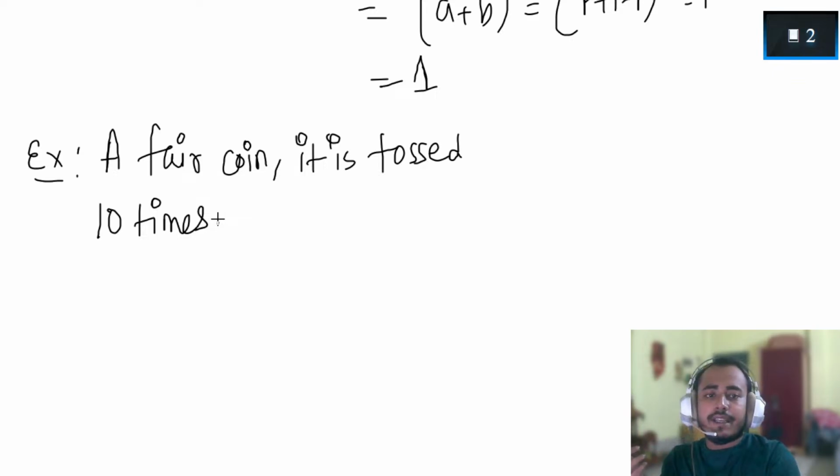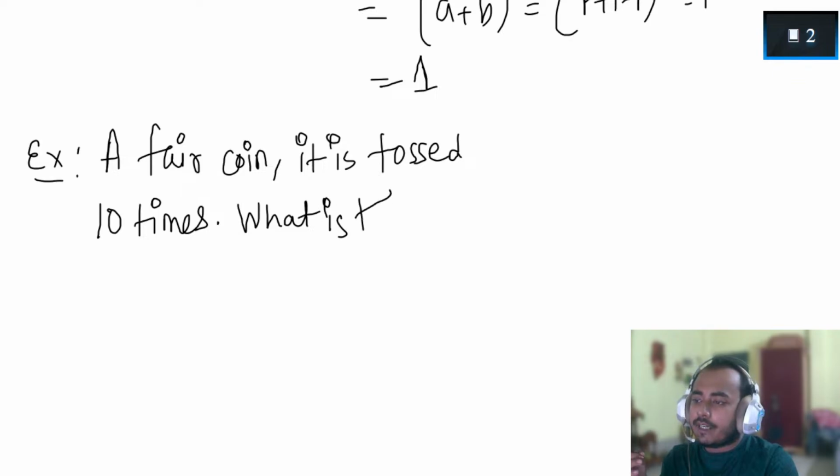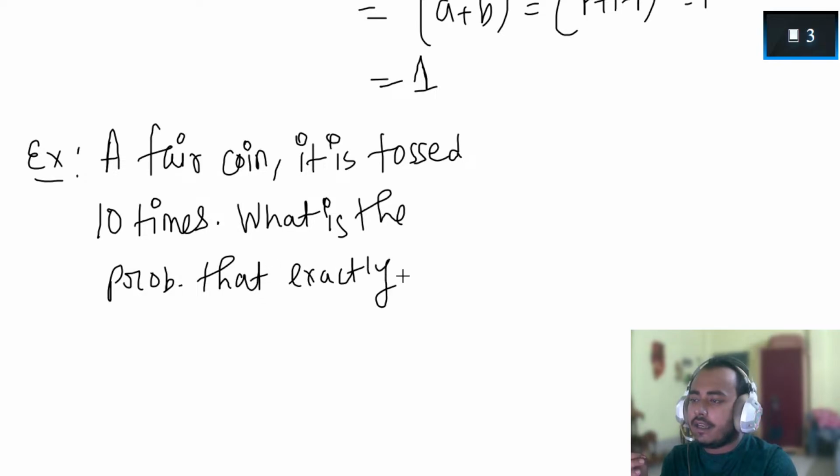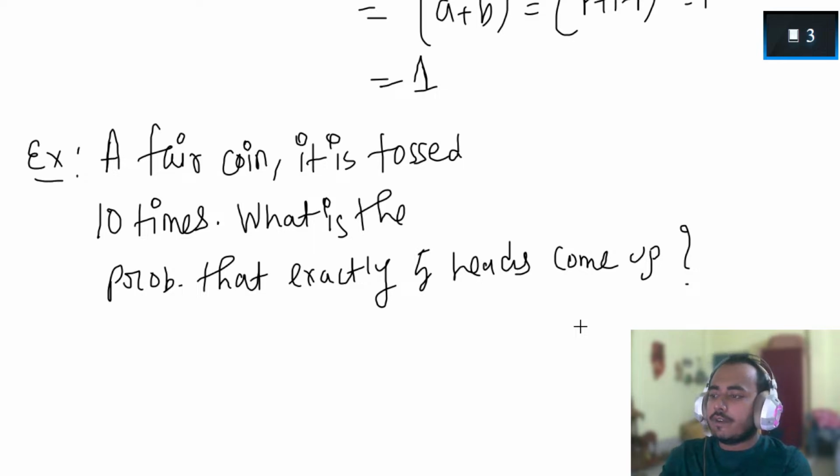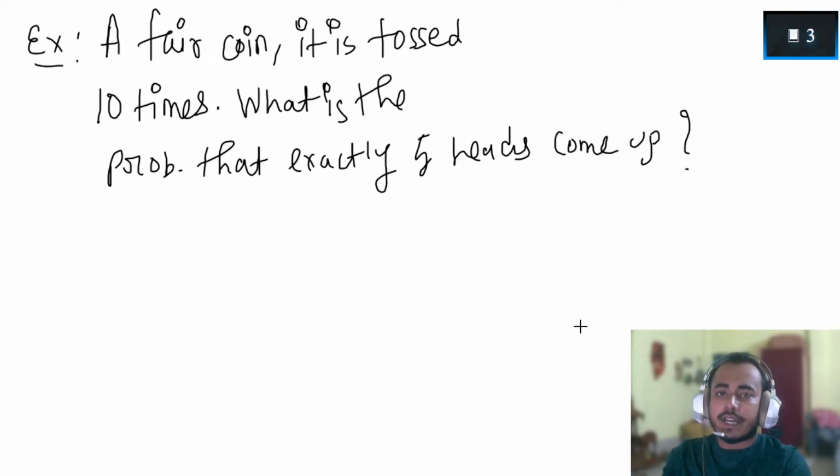So if a fair coin is tossed 10 times, what is the probability that exactly 5 heads come up? So this is what we are trying to do. If a fair coin is tossed 10 times, what is the probability that exactly 5 heads come up?